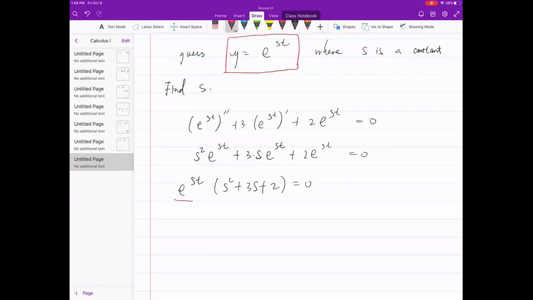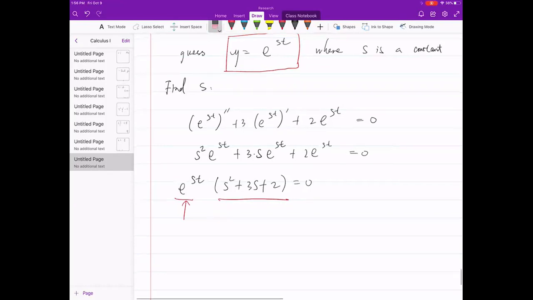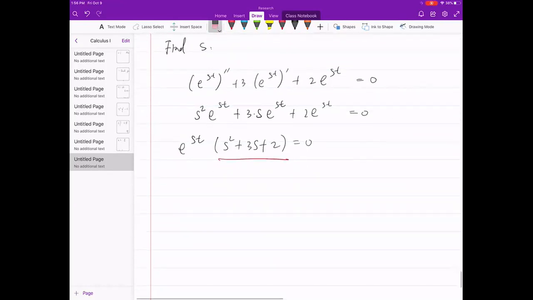Then either this one is 0 or this one is 0. Good so far? Will this one ever be 0? E to anything? No. Then this is not 0. So what's left? This has to be 0.